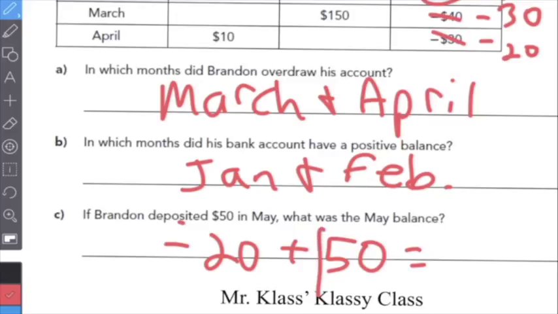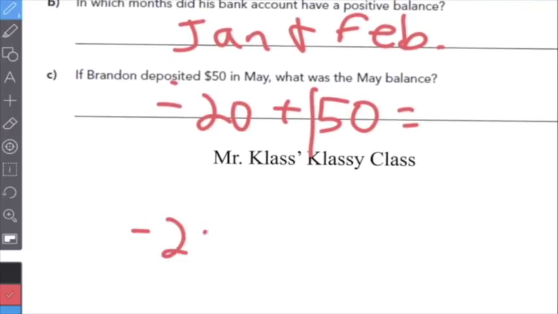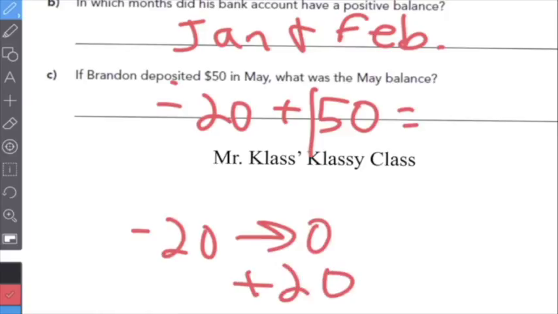So if I have negative 20, to get to 0, I add 20. Now I'm going to take 20 away from the 50, because I'm adding 50 to negative 20, but I just added 20 to it, so I got to 0. So now I'm going to add what's left, and that's 30. So 30 plus 0 is going to be $30.